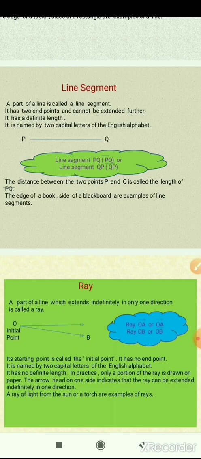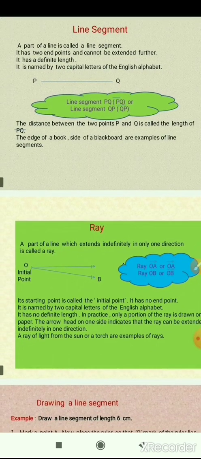Listen again, students. A line can be extended indefinitely, but a line segment cannot be extended. A line has no definite length, but a line segment has definite length. We can measure the length of a line segment.